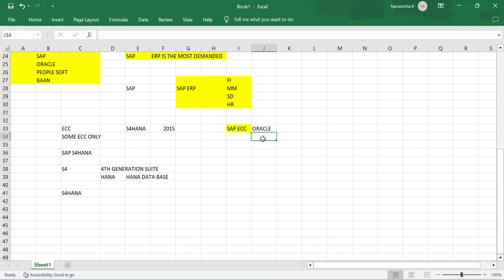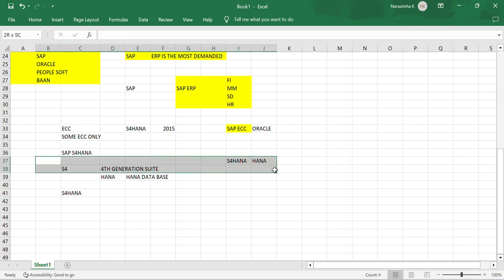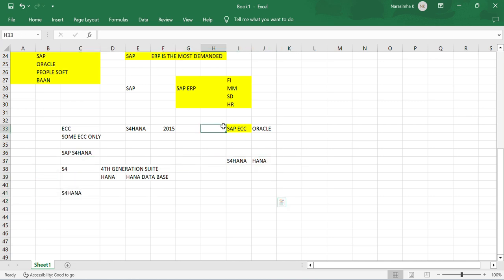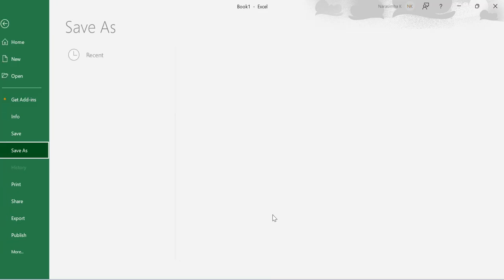But coming to SAP S/4HANA, it will run only on the HANA database. This is the major change in SAP S/4HANA. SAP ECC can run on third-party tools like Oracle, and on the HANA database also we can use. But S/4HANA we can run only using the HANA database.